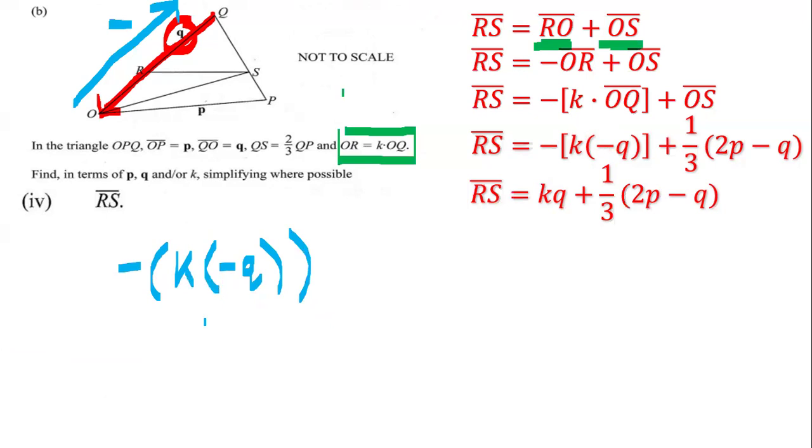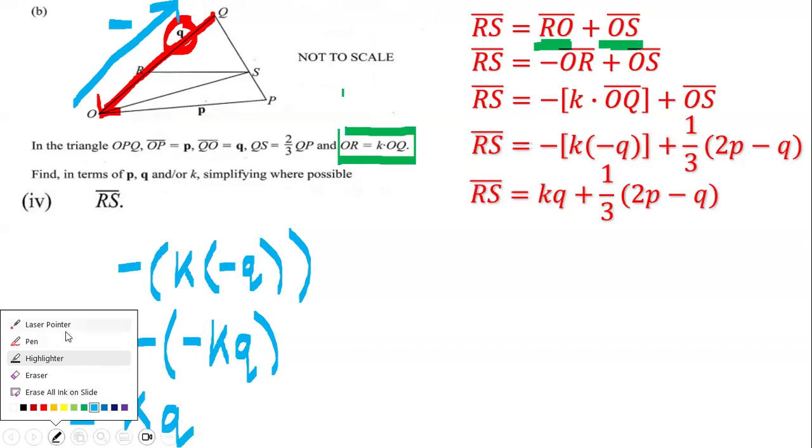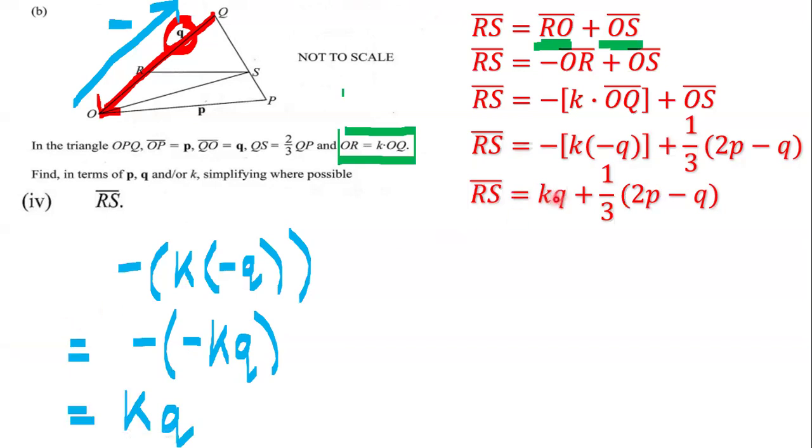Well, K times negative Q is negative KQ. But we still have a negative sign out front, and we know that a negative times a negative is a positive. And so this is going to be equal to just KQ. So we have just positive KQ here.